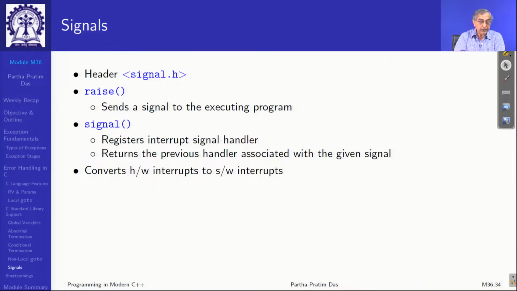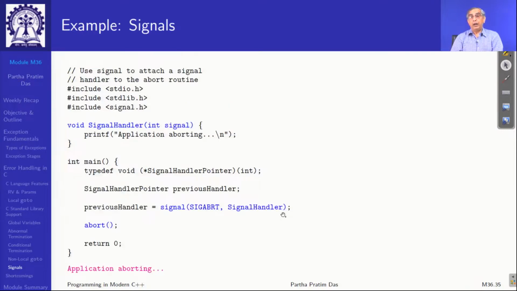The last is signals, where you can send a signal to an executing program, and you can have a handler for that signal. Signals are particularly used, if you have studied operating systems, you must have talked about signals quite a lot. Signals are particularly used to convert a hardware interrupt into a software one.